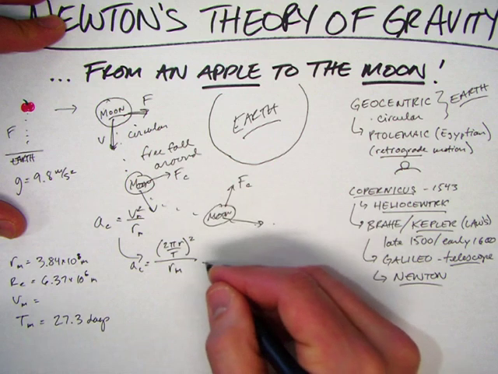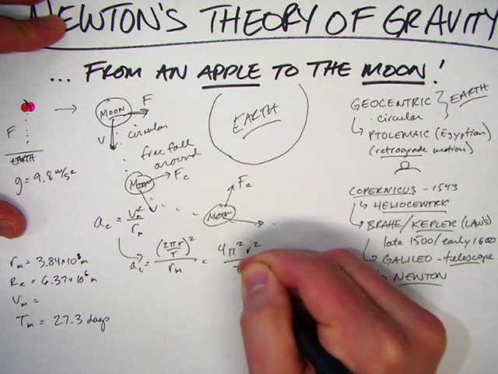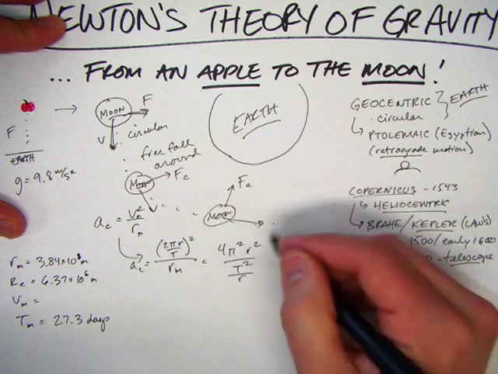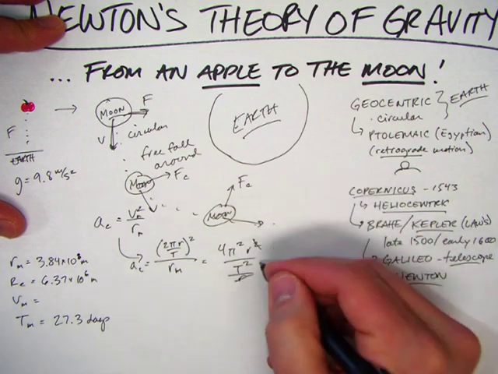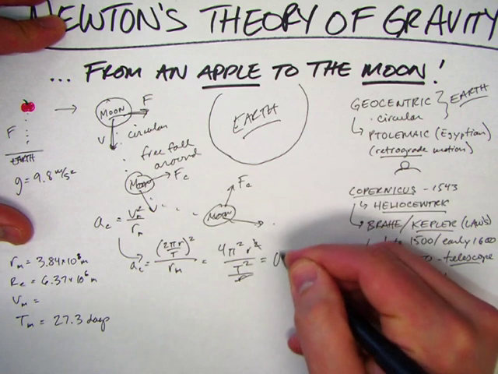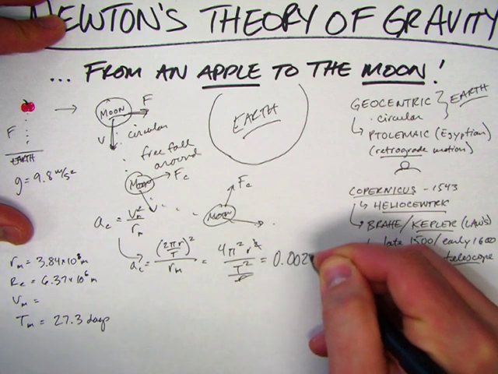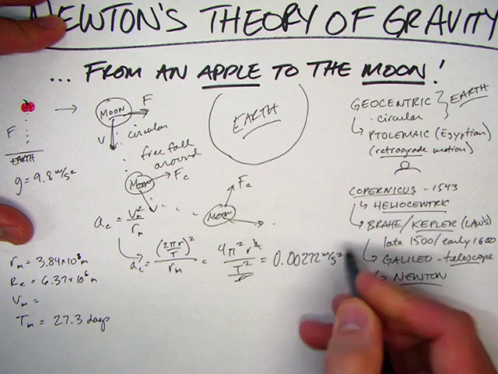If I square this and divide by r, I get 4 pi squared r squared over T squared over r, which cancels out one of the r's. And if you calculate that out, you get about 0.00272 meters per second squared.